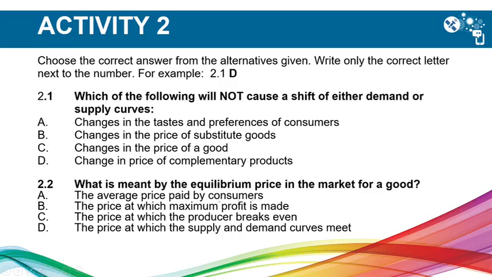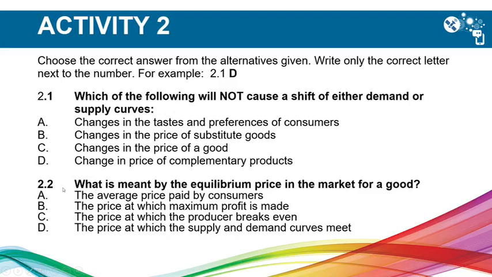2.2, what is meant by the equilibrium price in the market for a good? We've just had this in the slide before this. Equilibrium is formed at the point where demand is equal to supply.